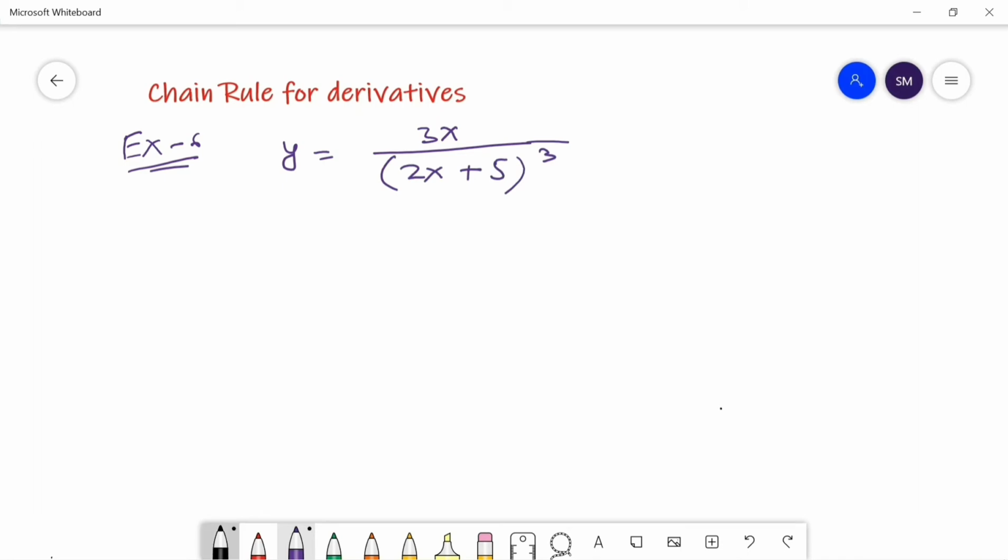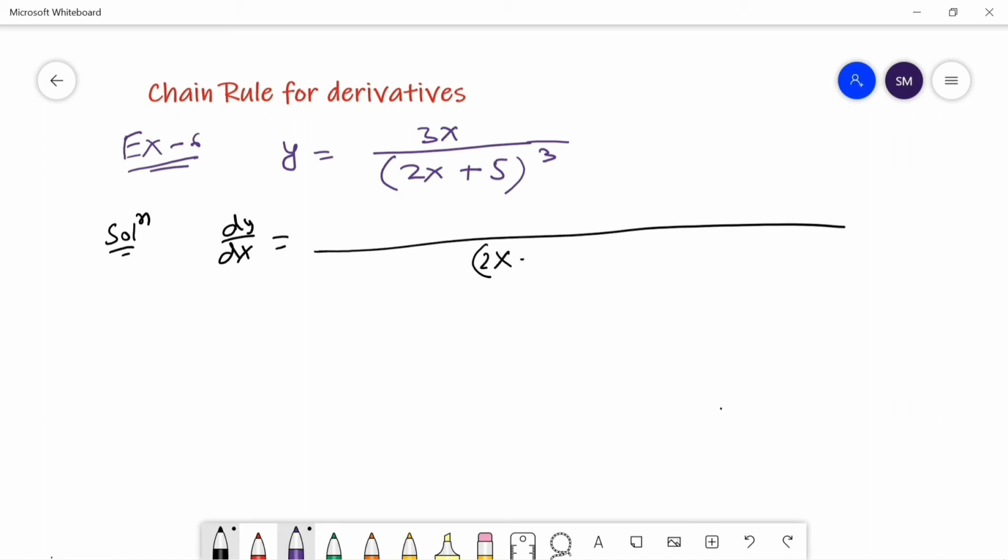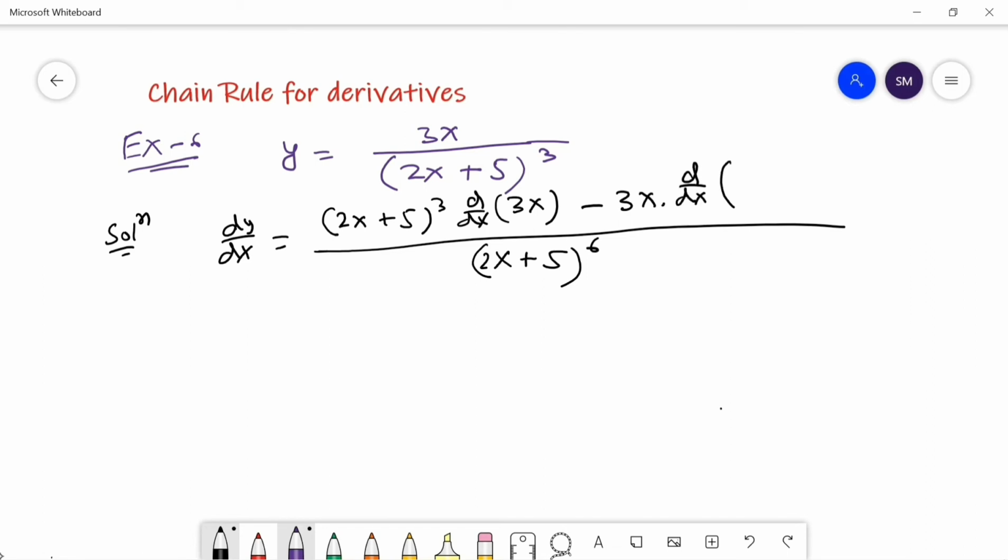Solution. dy/dx is equal, first we'll solve by the quotient rule. So this is 2x plus 5 to the power 6, and then 2x plus 5 to the power 3, derivative of 3x, minus 3x, derivative of 2x plus 5 to the power 3.